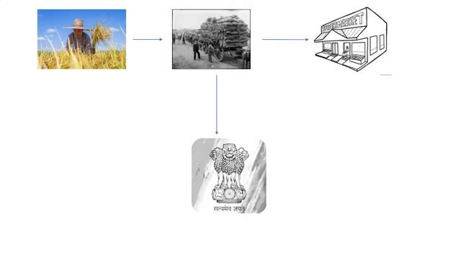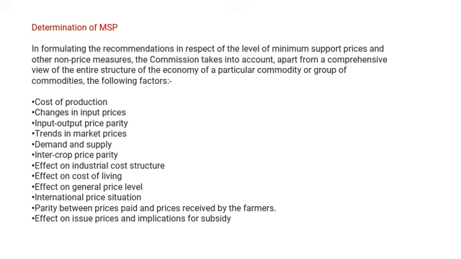Now let's come to the determination of MSP, how it was determined. Various factors were calculated for determining MSP. That is, the cost of production, changes in input prices, trend in market prices, demand and supply, the effect of cost of living, effect on general rice prices, international price situation, difference between prices paid and prices received by the farmers, effect on issue prices, and implication for subsidy.